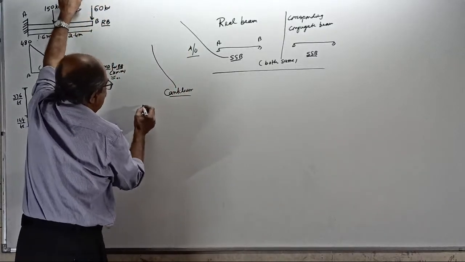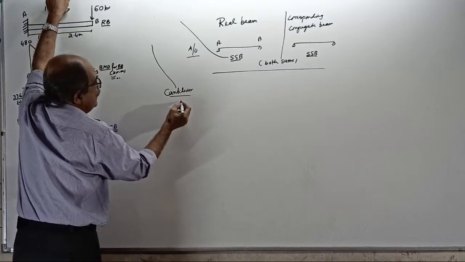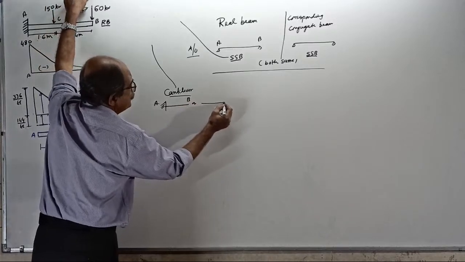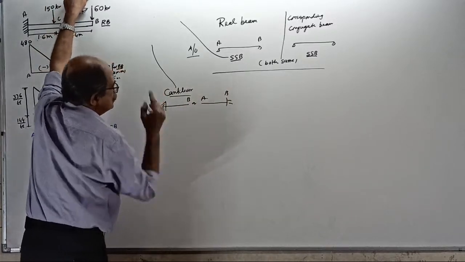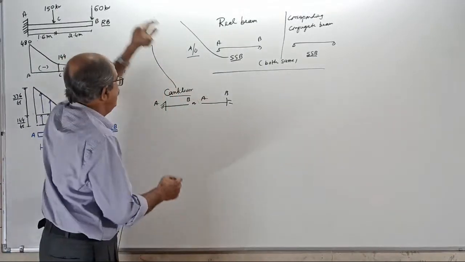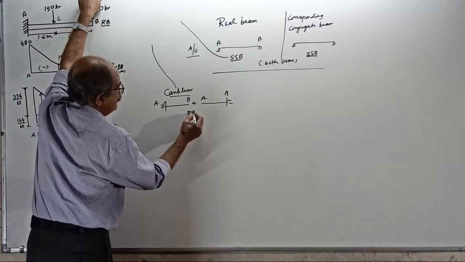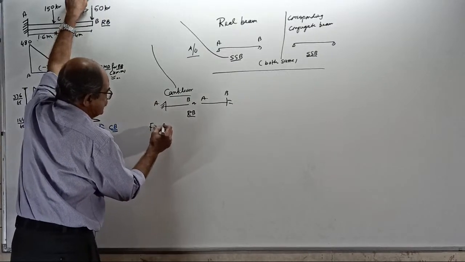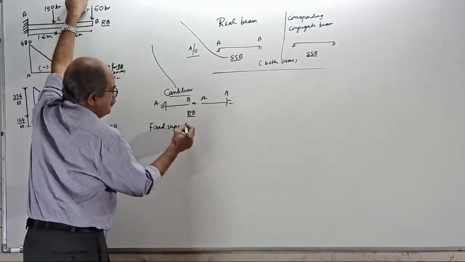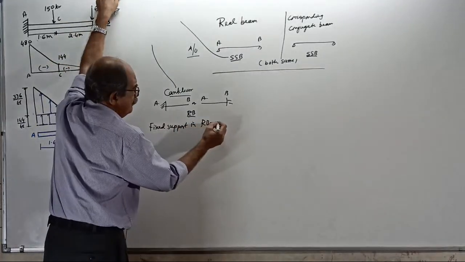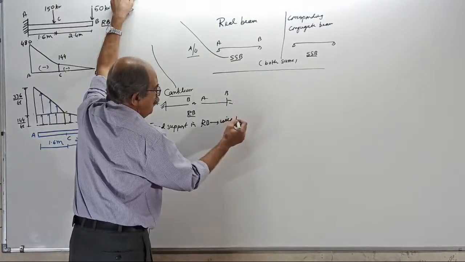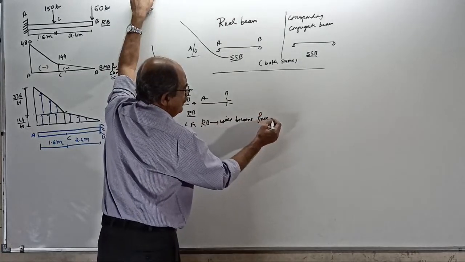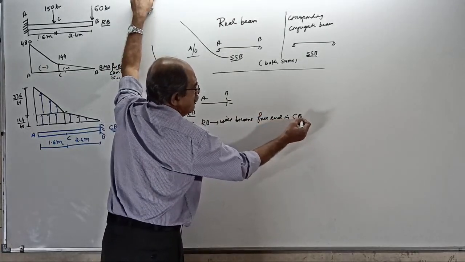See now, cantilever means one side can be fixed. I will call it AB, this way or this way, anything. So, there will be one fixed end, one free end. Now remember, these are the real beams. Make a note: a fixed end or fixed support in the real beam will become an unsupported or free end in the conjugate beam.